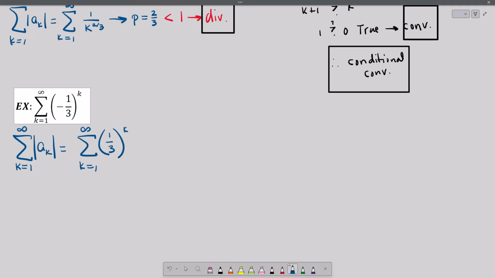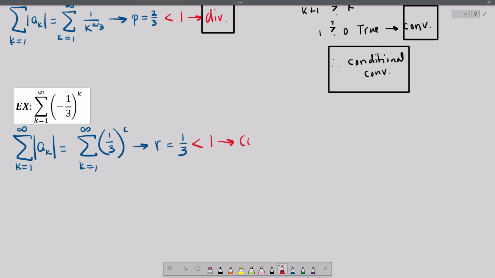What kind of series is that? Geometric. That's a geometric series. So we identify what letter? R. R will be 1/3. We compare it to 1. That is smaller than 1. What is our conclusion? Converge.